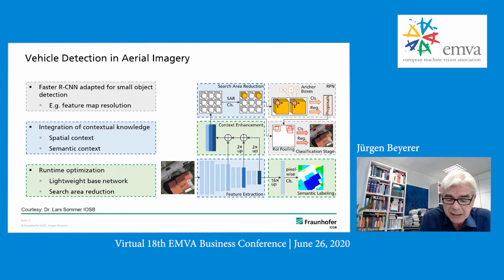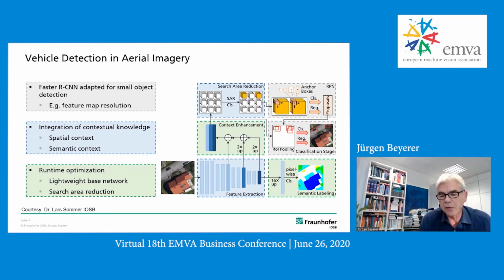The point is, this approach doesn't work very well if you have only images with a few hundred pixels, because the input images in this case are the regions of interest where the cars are inside, or the candidates for cars are inside. And so the CNNs cannot be really deep, and therefore a low performance arises. A remedy for this problem is to include contextual information through upsampling of deeper layers.